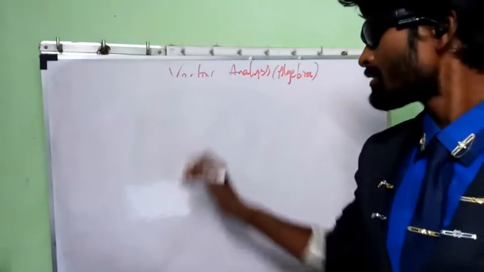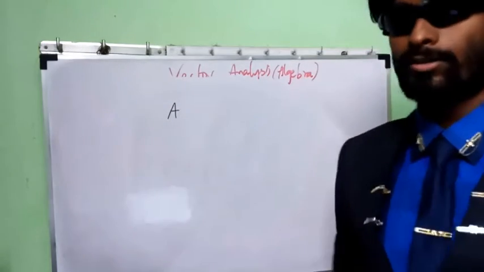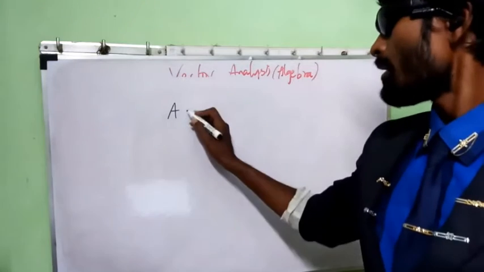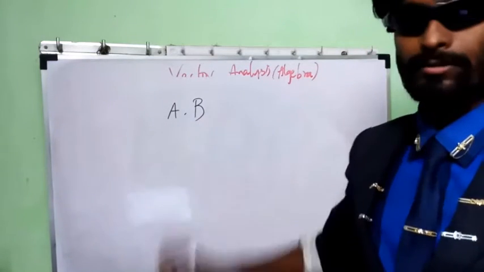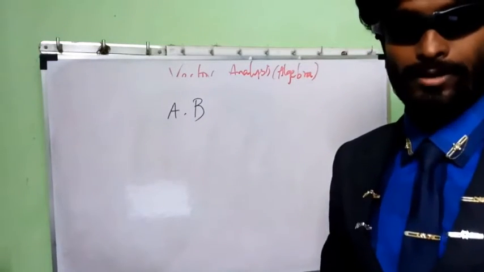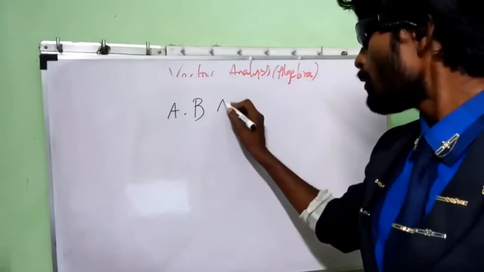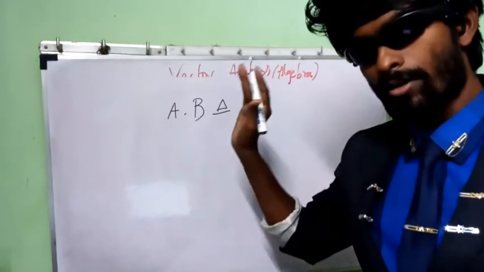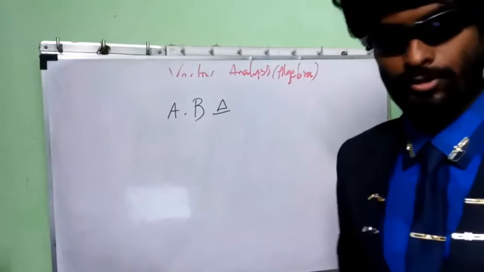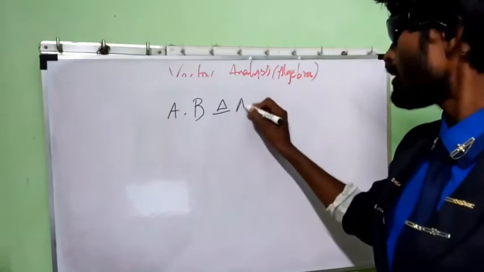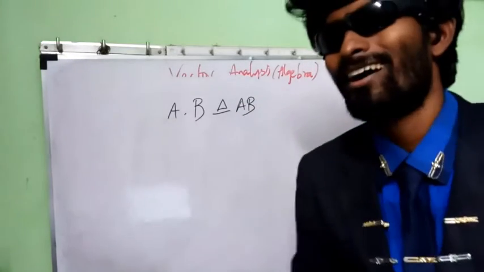So the product is A dot B, where A is a magnet and B is a pin, and it's almost equal to, not exactly equal to, okay, almost equal to, I'm going to multiply AB.